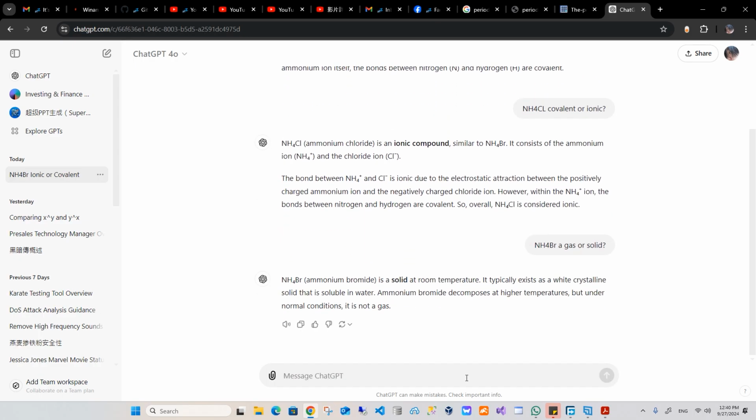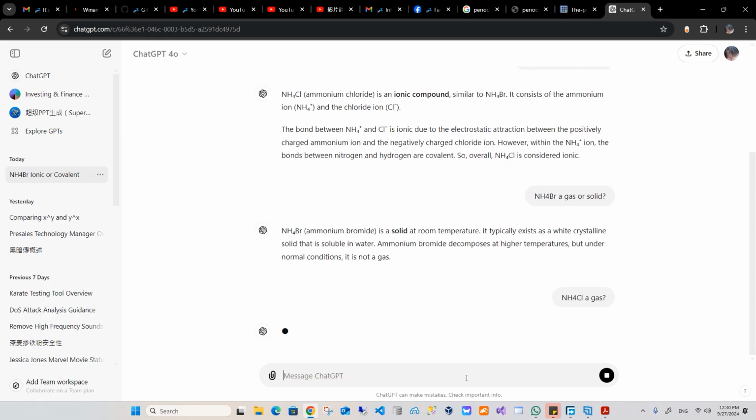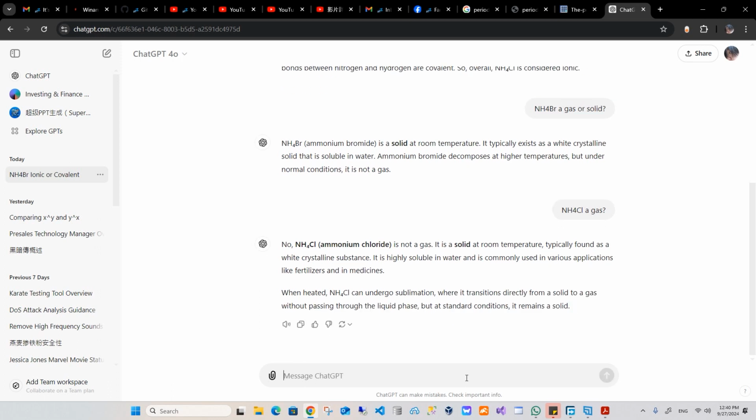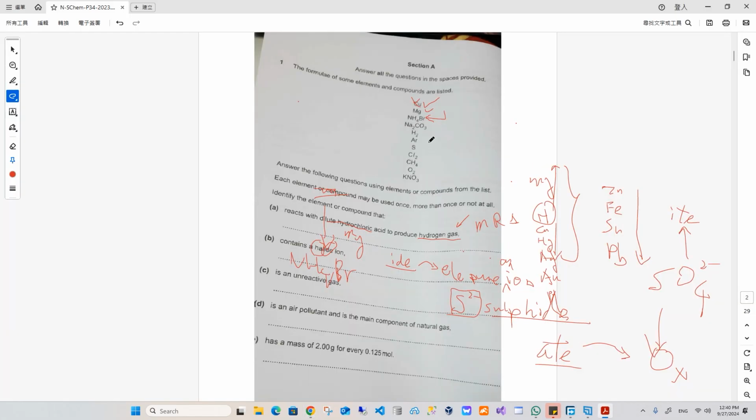It's a solid at room temperature. Okay, so if it's solid, then of course it will be an ionic compound. Okay, fine, I'm wrong. It's right. Okay, so this is what I say.